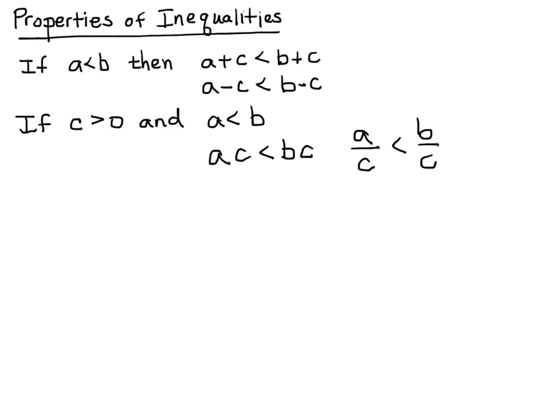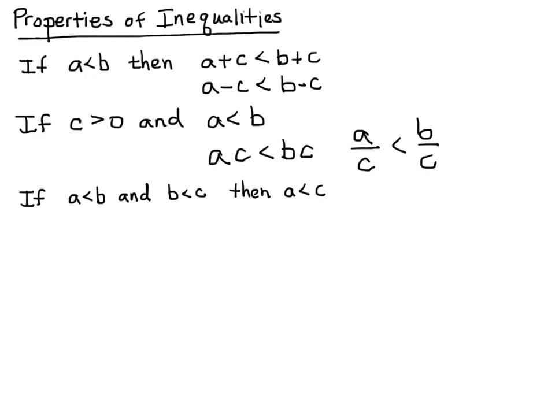Now, if c is a positive, non-zero number and a is less than b, then we can multiply or divide either side, and we retain the same inequality relationship. Again, if a is 3 and b is 5, c can be 10, so we have 30 is less than 50, or 3/10 is less than 5/10. So that works as expected.